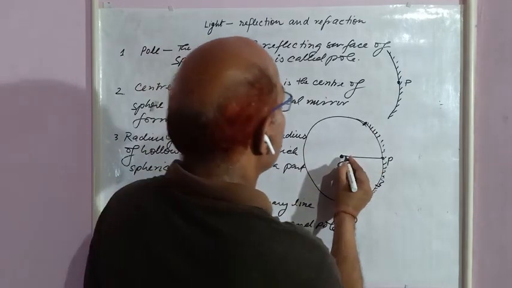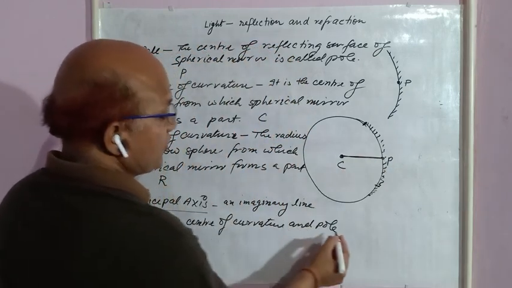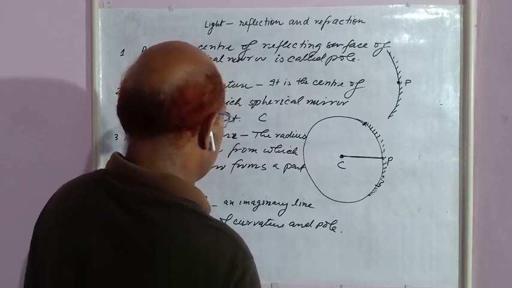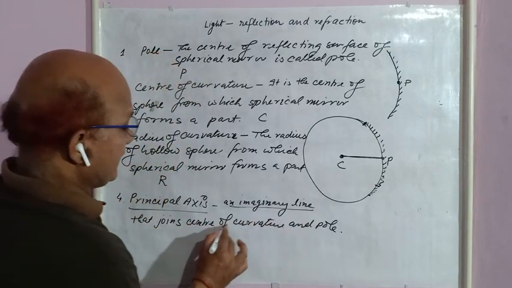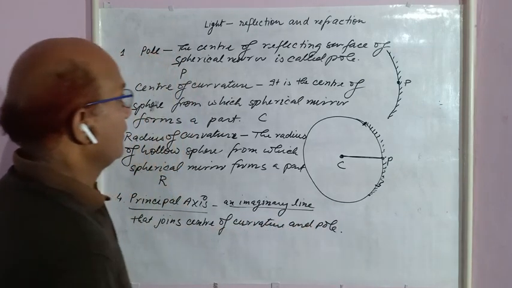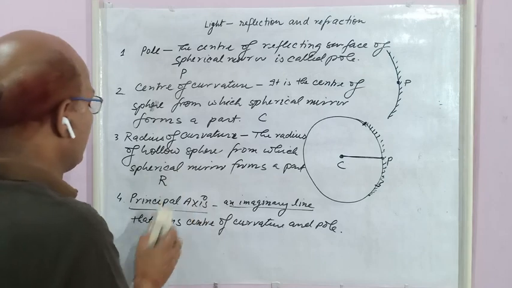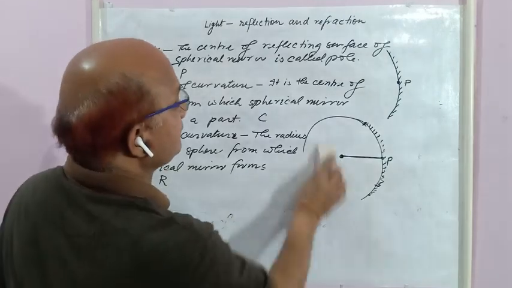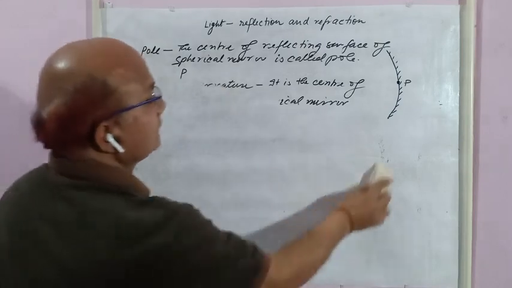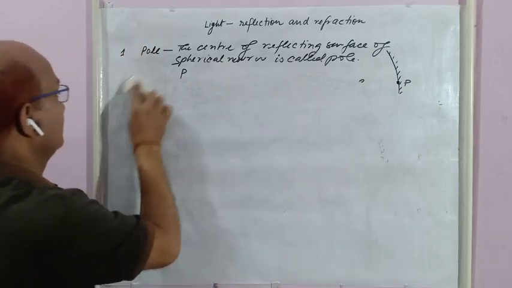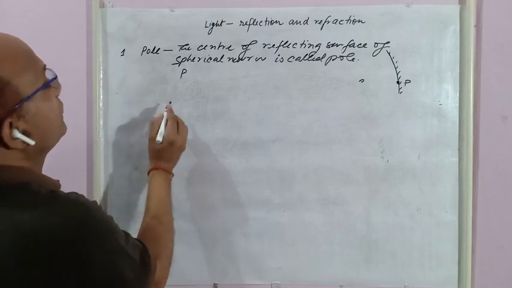So in this case, this line is called the principal axis. So principal axis means it is an imaginary line that joins the center of curvature and pole. Now you all note it, and there is one more term, the last term related to spherical mirror.